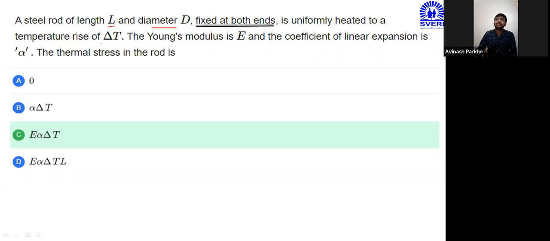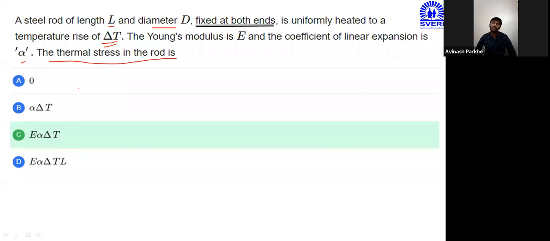It is uniformly heated to a temperature rise of delta T. So some temperature is given and the rise of temperature is delta T. The Young's modulus is E, coefficient of linear expansion is alpha. The thermal stress in the rod we have to calculate.